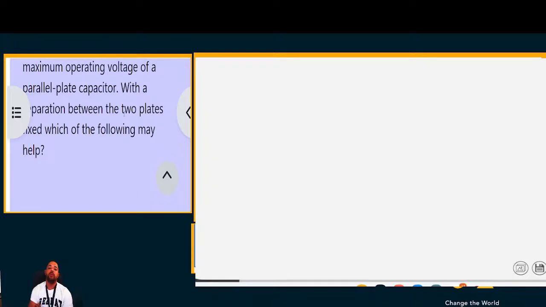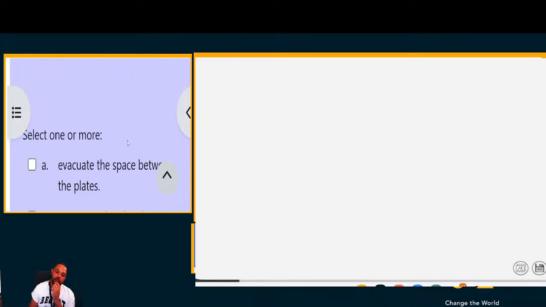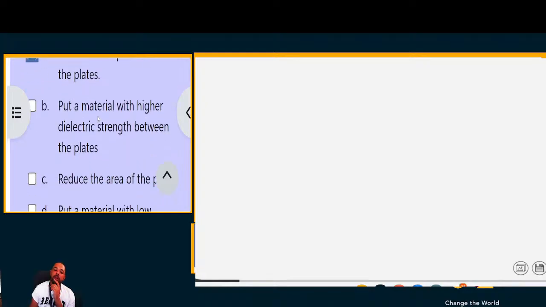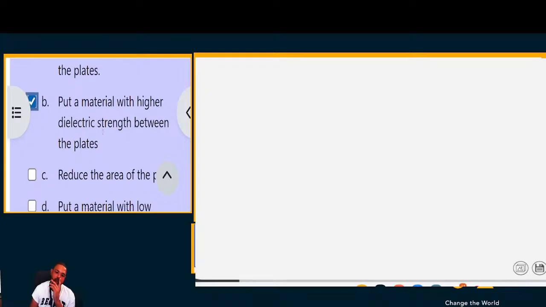So if you want to increase the operating voltage, number one, you can evacuate the space between the two plates, because a vacuum has the highest dielectric strength. Then you can put a material with a higher dielectric strength than the one you have already.